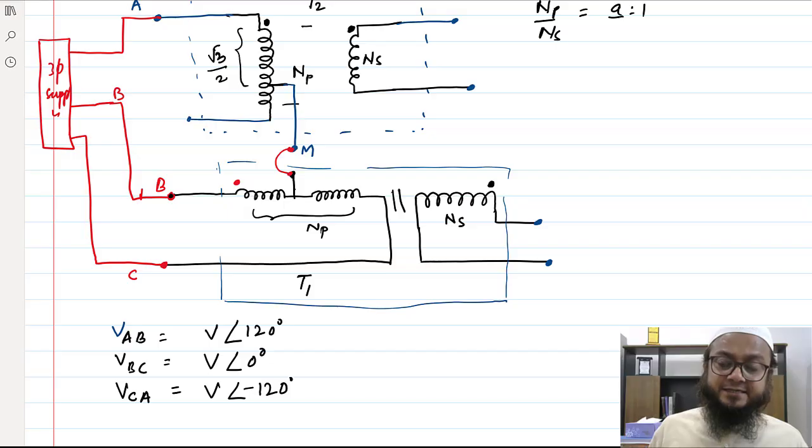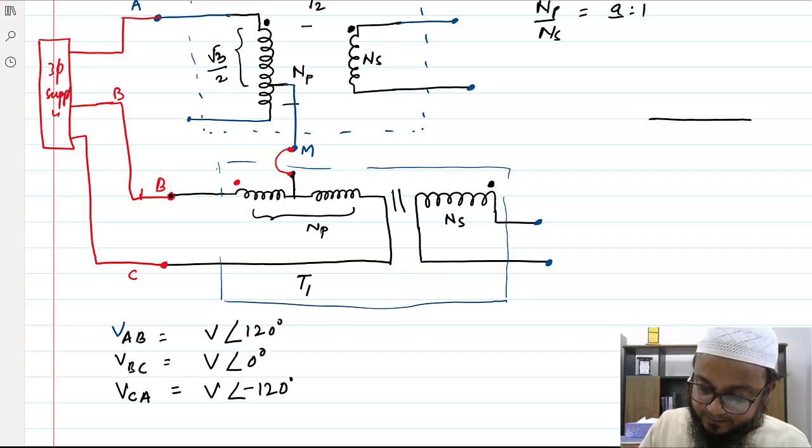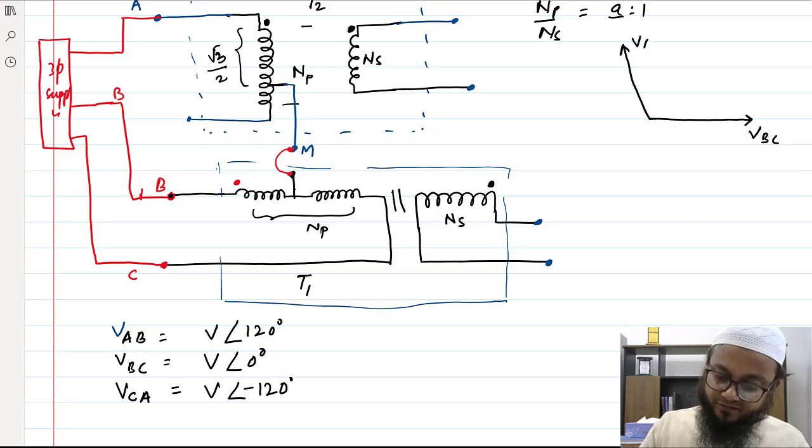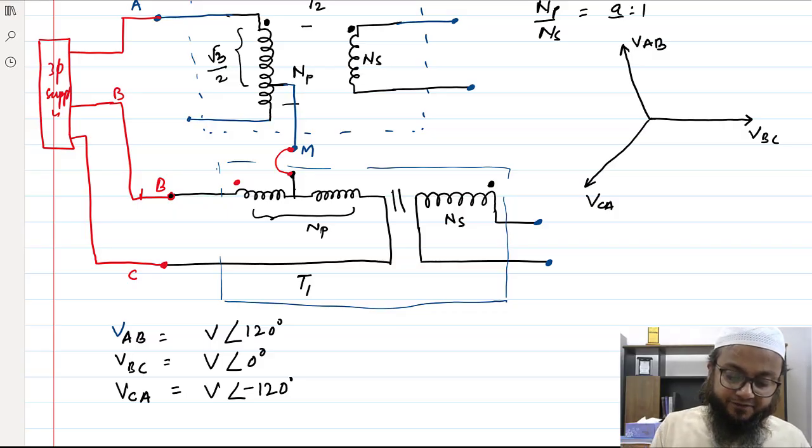If I draw the phasor diagram for the primary side, it would be somewhat like this: VBC, VAB, and VCA. If this line voltage AB has been energized between these two windings, let's try to find how the voltages will appear.